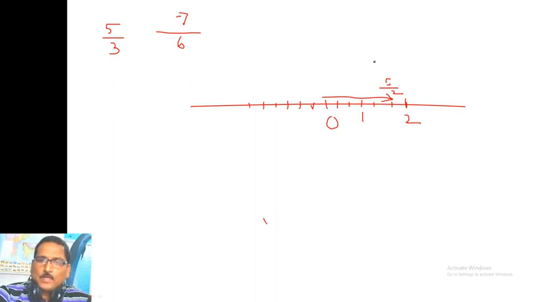Then you write down minus 1. Now another whole part 1, 2, 3, 4, 5, 6. So whole part minus 2. Now you take 7 parts: 6 parts, and this is the 7th part. Here is the position of minus 7 by 6. Clear?